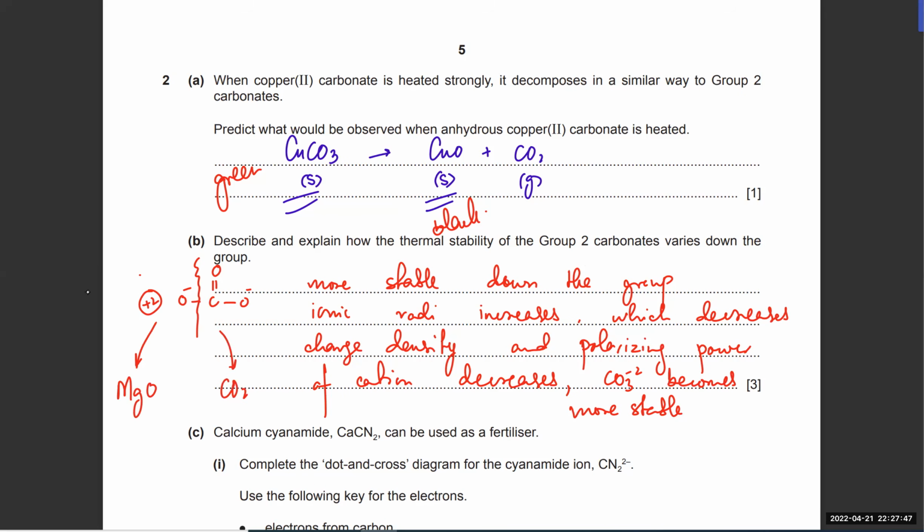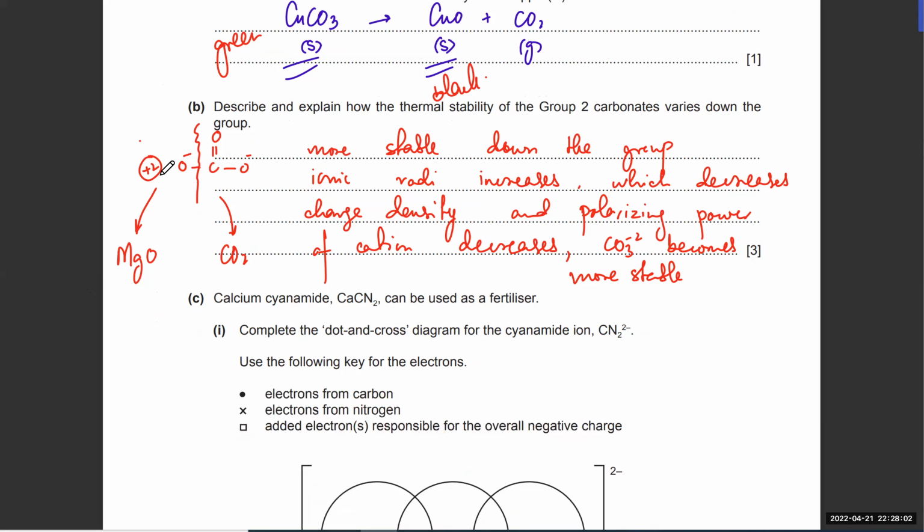So the carbonate ion would split up. The Mg will strongly bond with the oxygen, and the carbon dioxide would break away. So the carbonate ion becomes more unstable if you have a small ion. Bigger ions won't do that. They won't attract the carbonate ion that strongly.